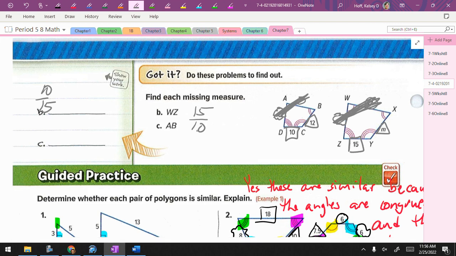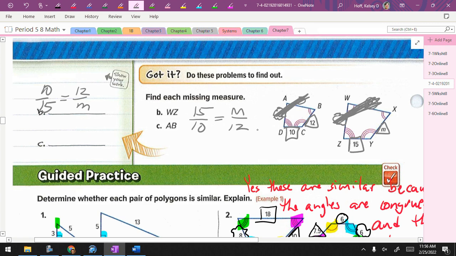So no matter how you wrote it, now write the other side, placing m in the correct location, whether it's in the numerator or the denominator. If I say 10 over 15, the other side should say 12 over m. If I say 15 over 10, the other side should say m over 12.